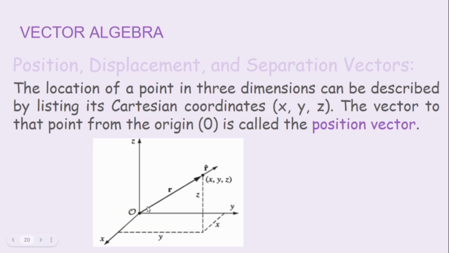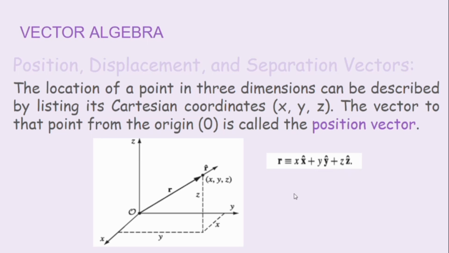So this is the point, and these are the 3 dimensions, and this is the vector r, which originates from the origin O, and its value is r equals x x cap plus y y cap plus z z cap, and we can also write it as x i cap plus y j cap plus z k cap.